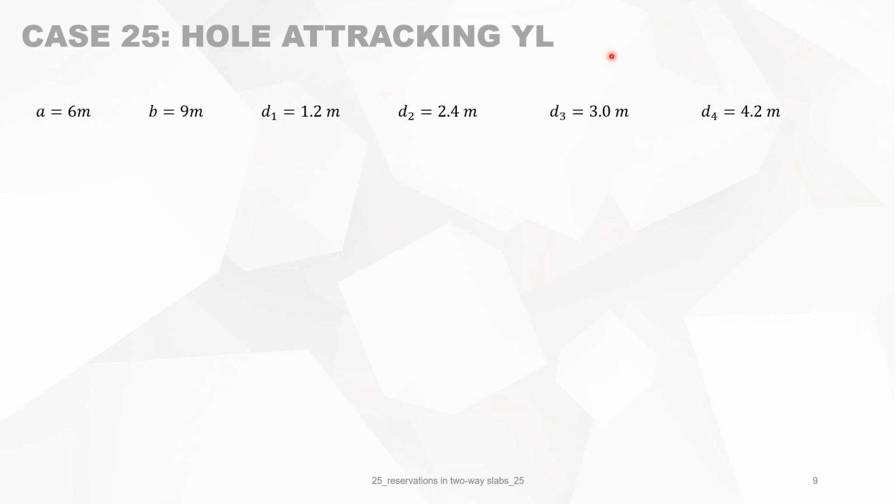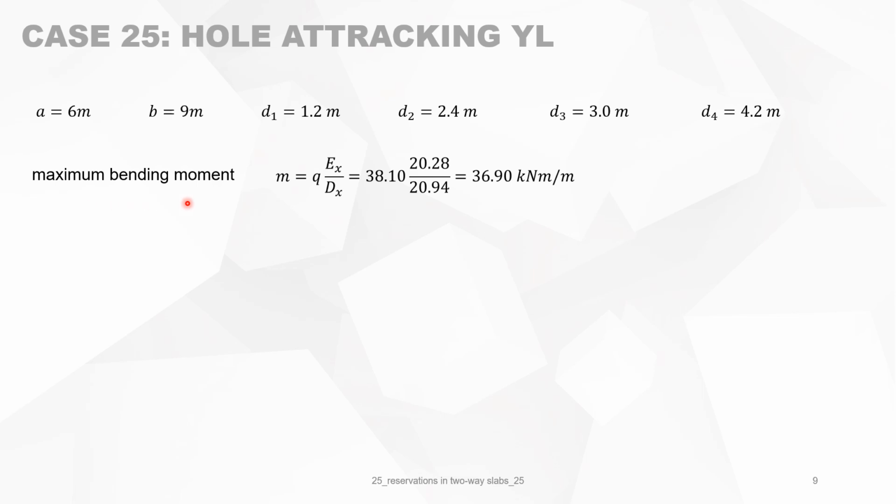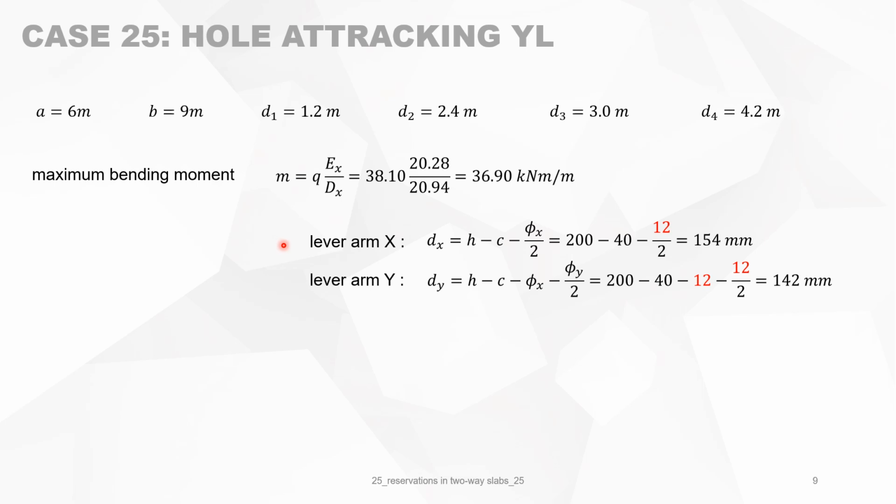We substitute the different values of the parameters, and we use the formulas of the previous slide, and you find that M is 36.9 kilonewton meter per meter. We convert this into reinforcement. To do this, we need the lever arm in X direction and the lever arm in Y direction.